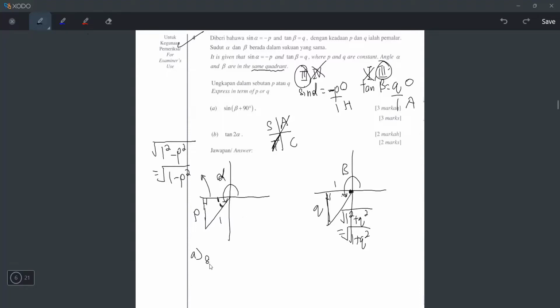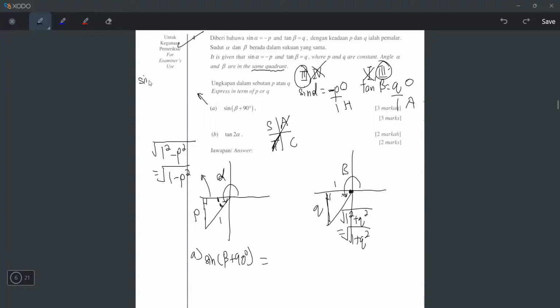They want you to find sine of beta plus 90 degrees. Which diagram will you use for this question? Of course, this one, because I'm talking about beta. You see the plus sign, so automatically you need to use the addition angle formula. You have the basic identity, the double angle, and the addition one.